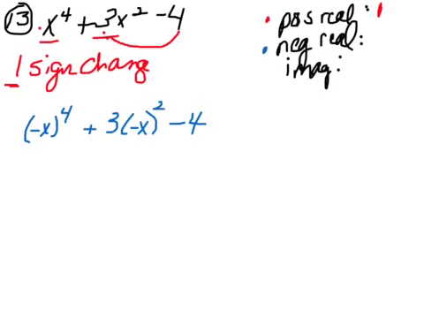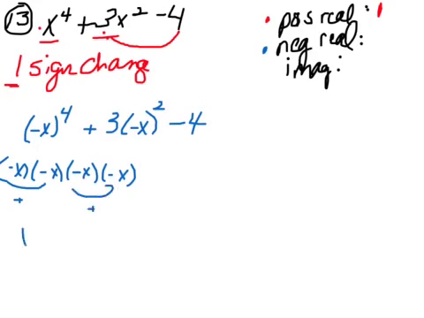If you have negative x to the 4th power, that would be like negative x times negative x times negative x times negative x. When you have an even number exponent on a negative x, these are going to team up and be positive, these are going to team up and be positive, and we're still going to end up with x to the 4th. That's going to happen anytime we have an even number exponent on a negative number.